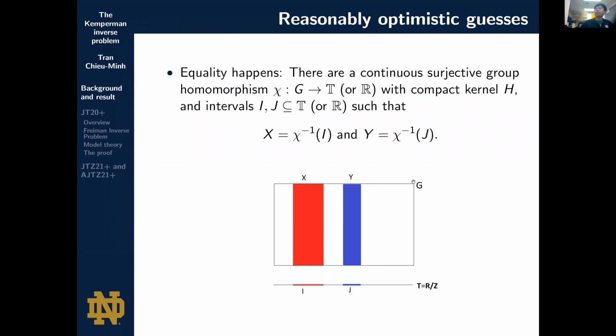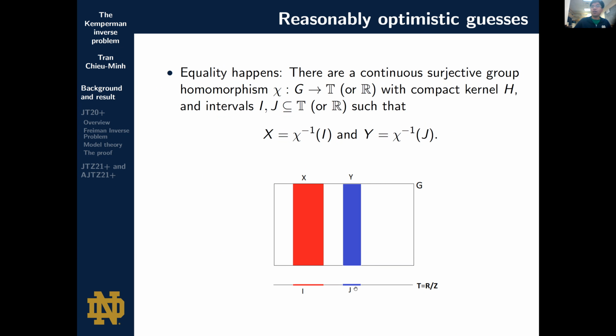So perhaps to see this picture more clearly, let's draw a picture. You can think of the group G as this rectangle over here, and you have a projection to the torus, which I can think of as this line over here.